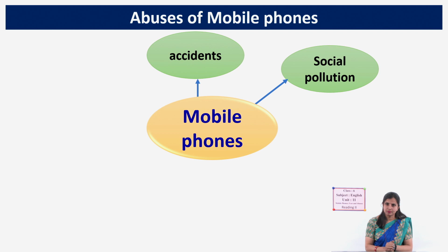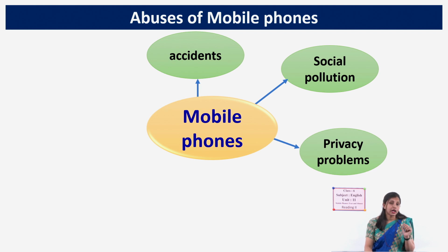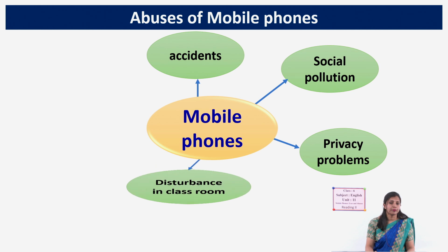Social pollution, yes, abusing others, doing unnecessary things, showing people what is not to be shown. Next is privacy problems, the hidden cameras we have discussed. They make videos and share them. The private life of people is shared on social media, which is not good. That is one of the abuses of mobile phone.